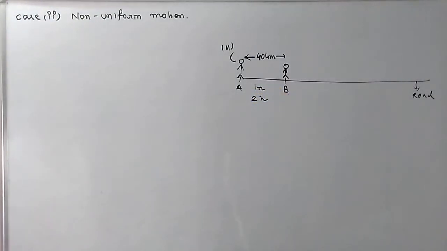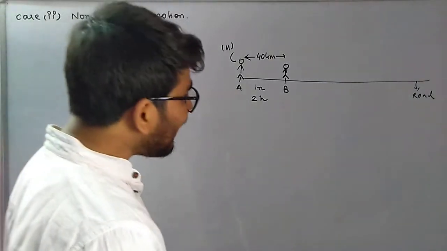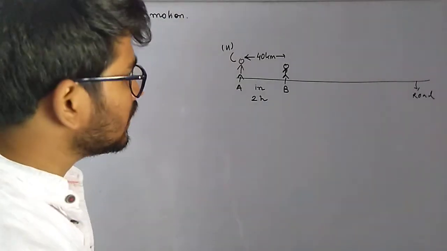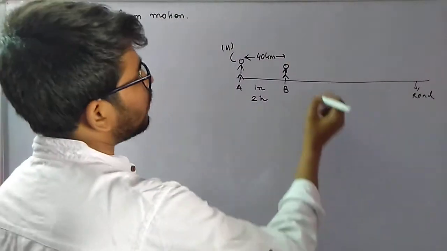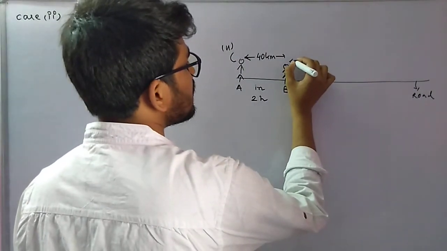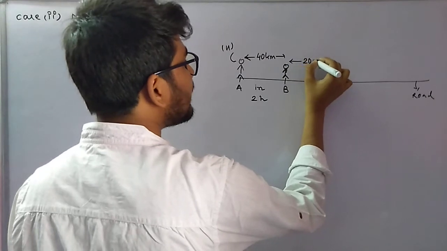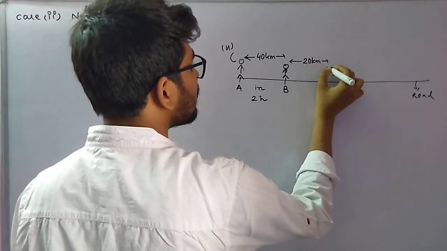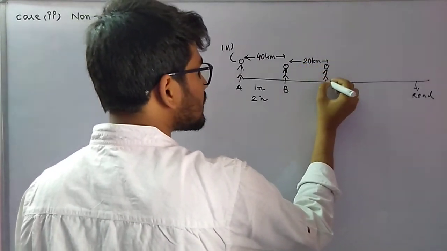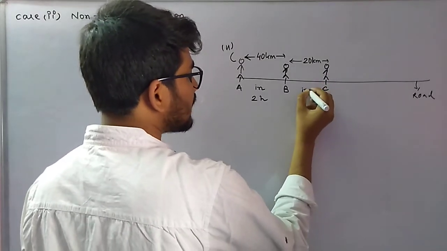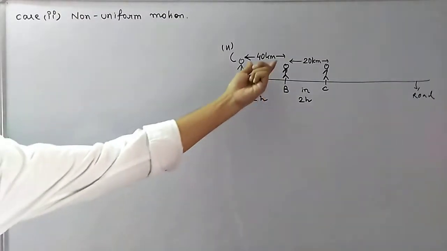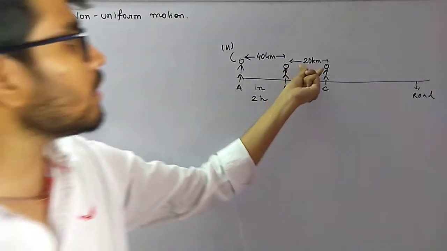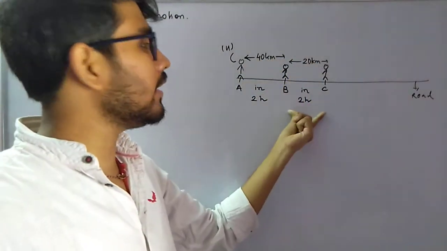Now, he's too tired. He's very exhausted and can't walk any further. So he just covers 20 km and reaches a point C in the next 2 hours. Initially he covered 40 km in 2 hours, now he covers 20 km in 2 hours.